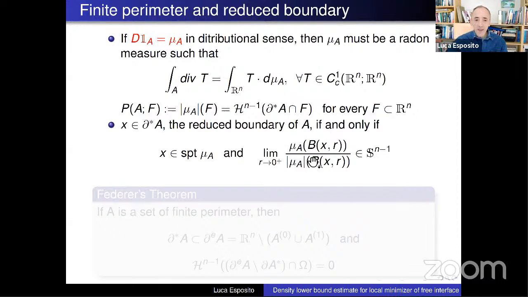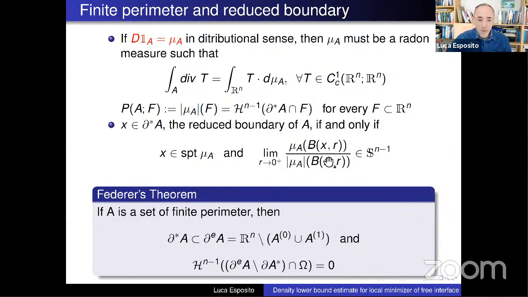But this is a rather technical condition, so what is maybe more interesting for us is the following Federer's theorem, which states that if A is a set of finite perimeter, then the reduced boundary of the set A is contained in the essential boundary.